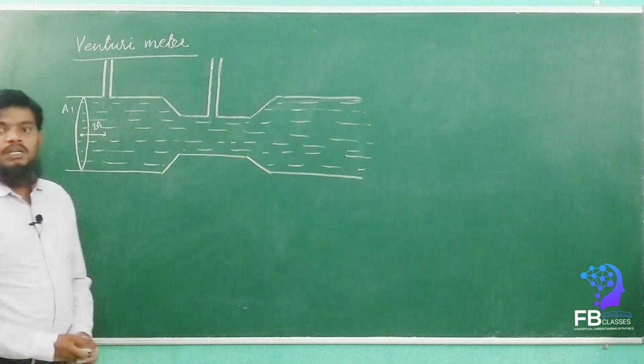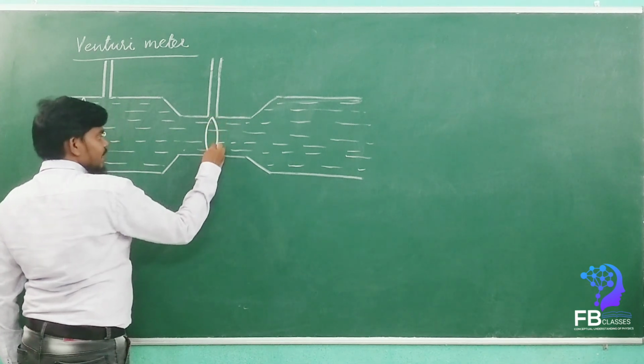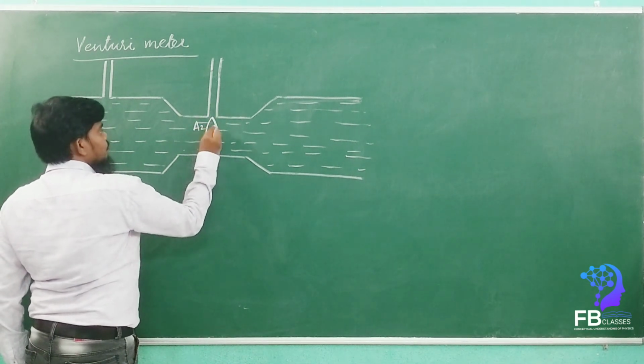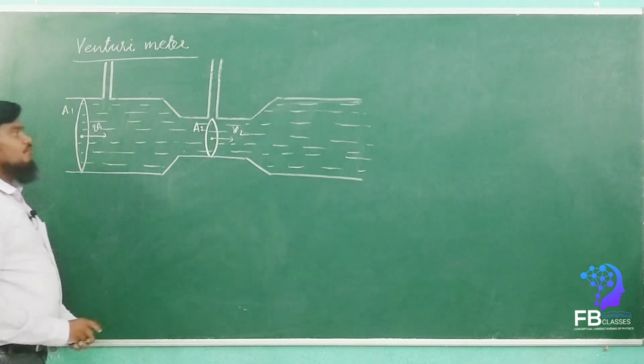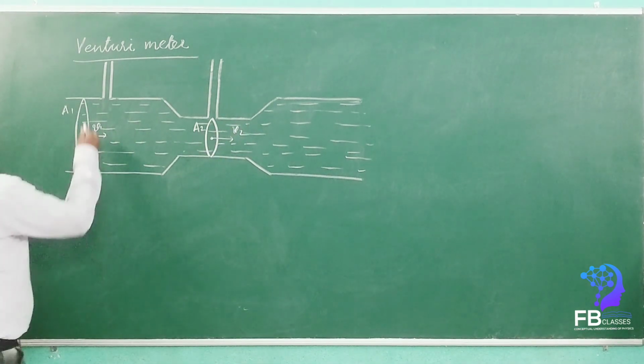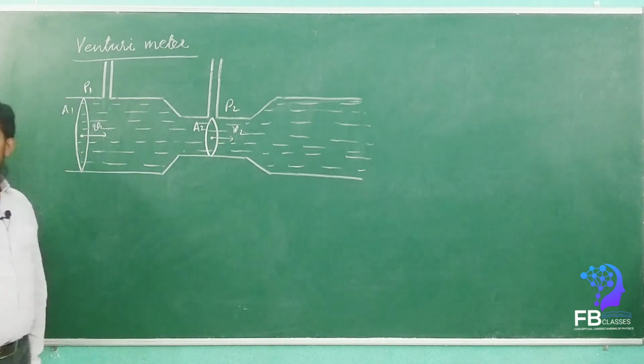So now here the area of cross section is considered as A2 and velocity at this point, let it be V2. The pressure here, let it be considered as P1 and pressure here is P2.